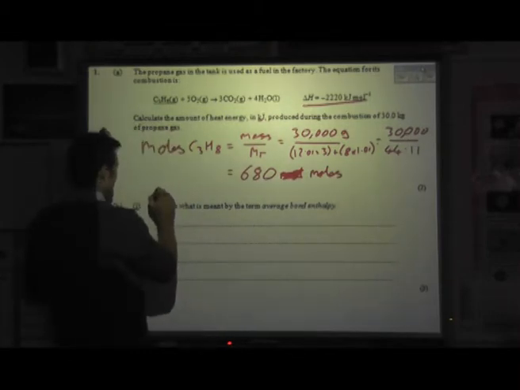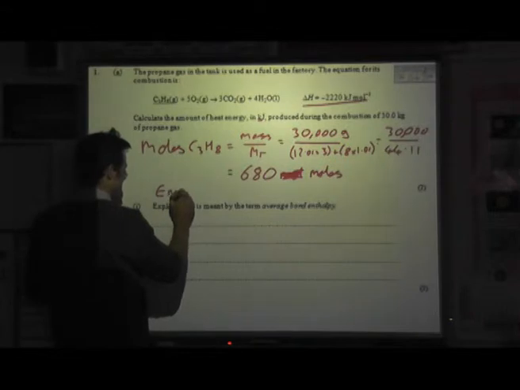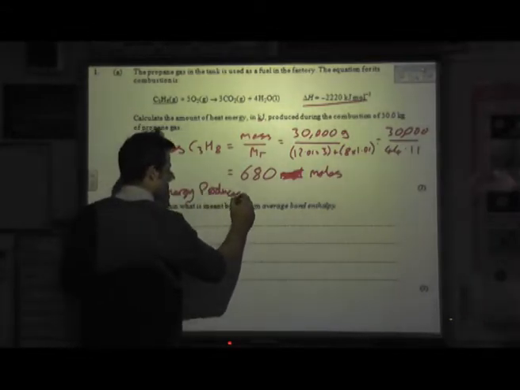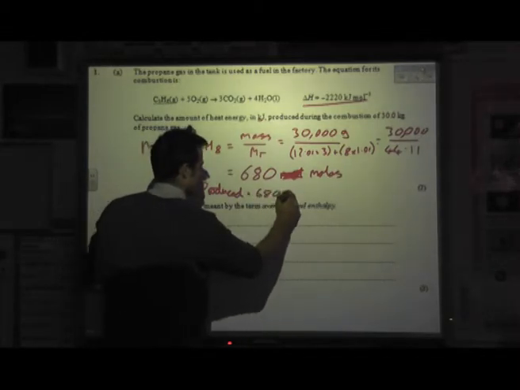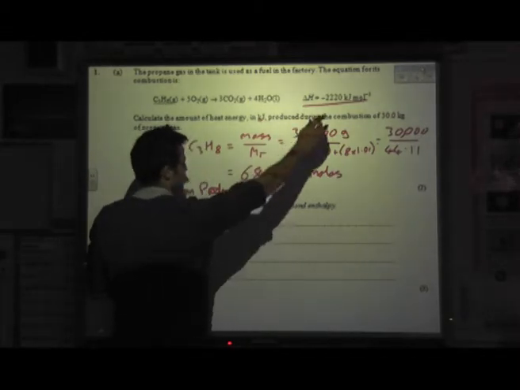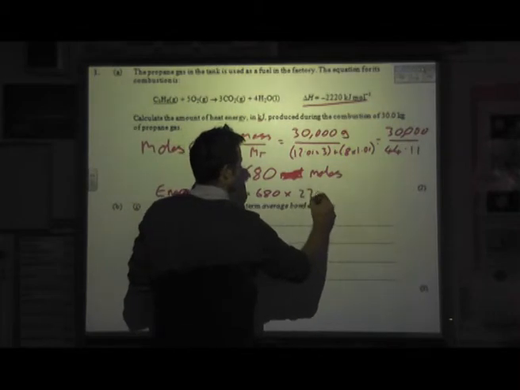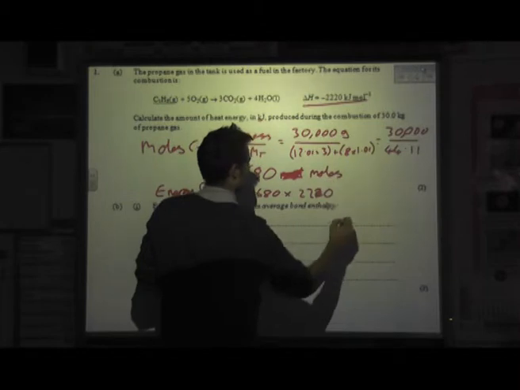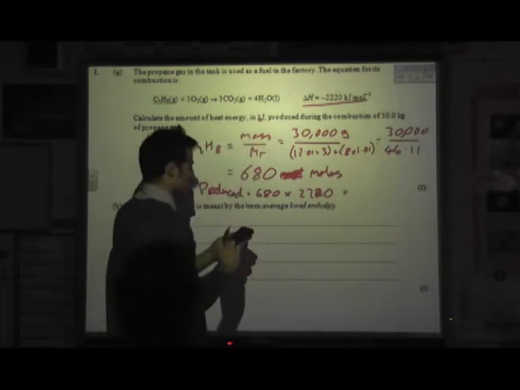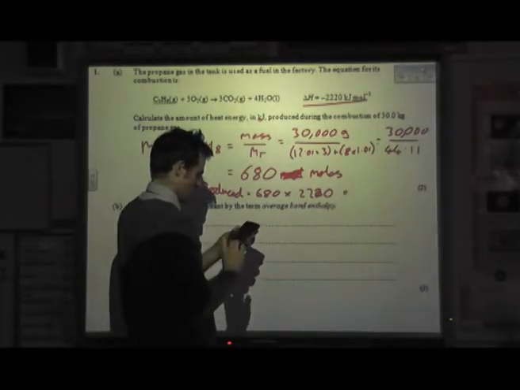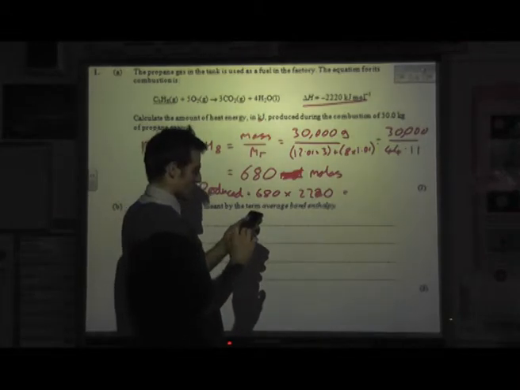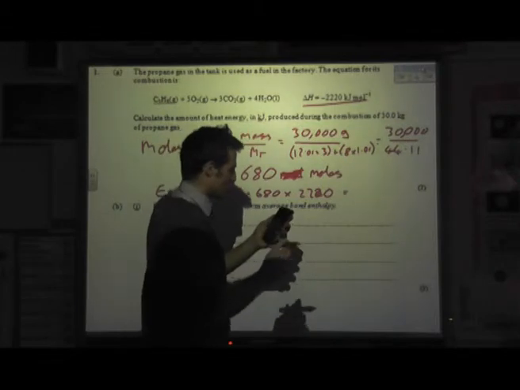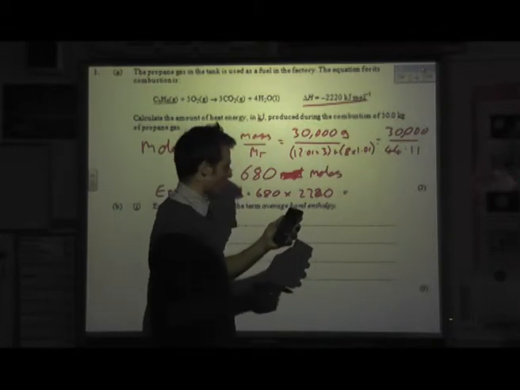So energy produced equals 680 moles times 2,220 kilojoules per mole equals some massive number, which is 1509861. So 1 million, basically 1.5 million-ish.